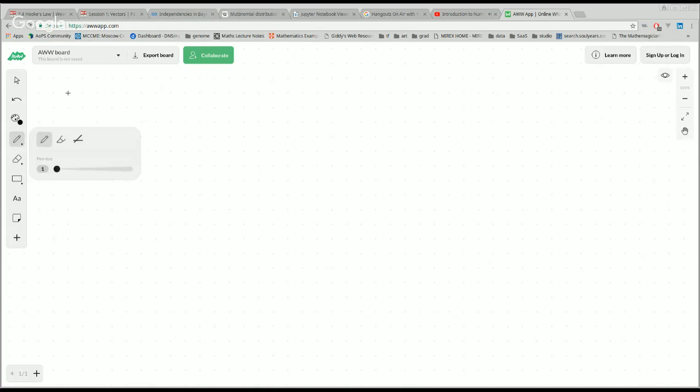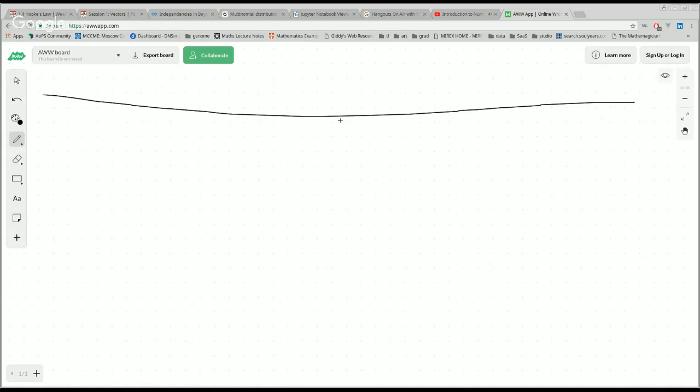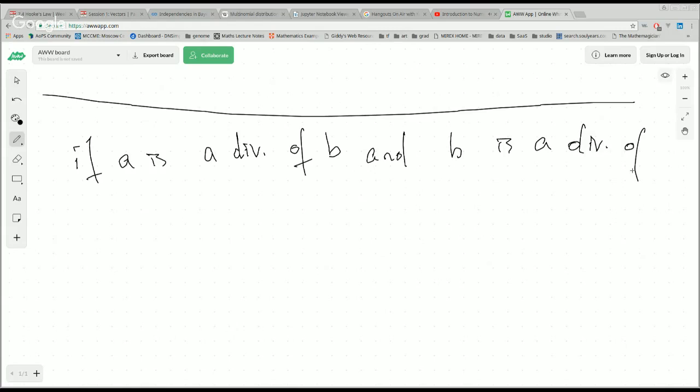Let's see what the statements are. The first statement is: if A is a divisor of B, and B is a divisor of C, then A is a divisor of C.